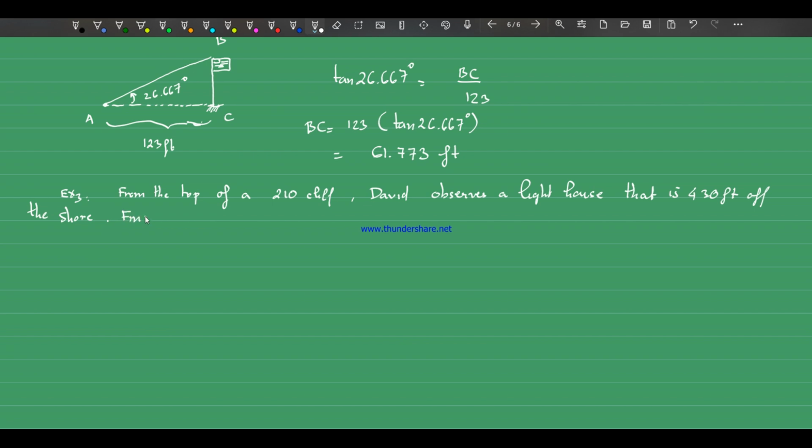Find the angle of depression from the top of the cliff to the base of the lighthouse.